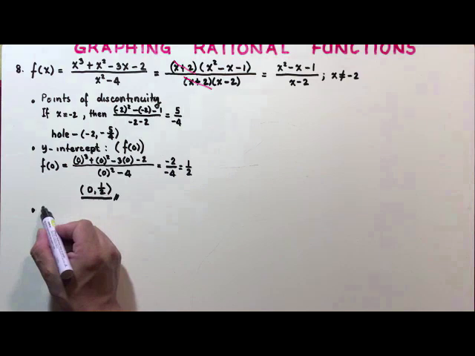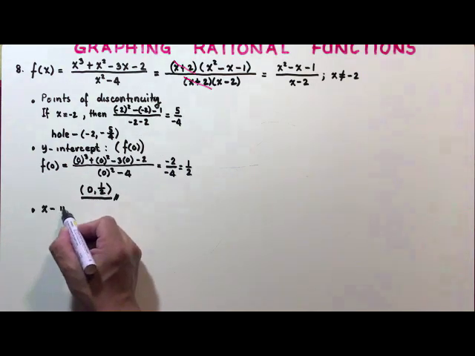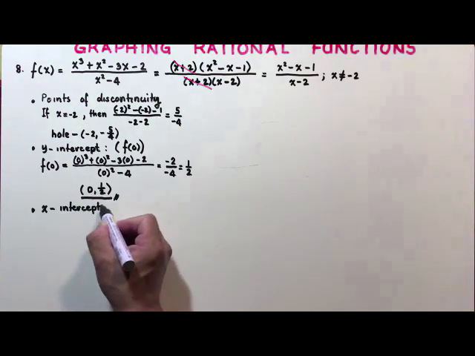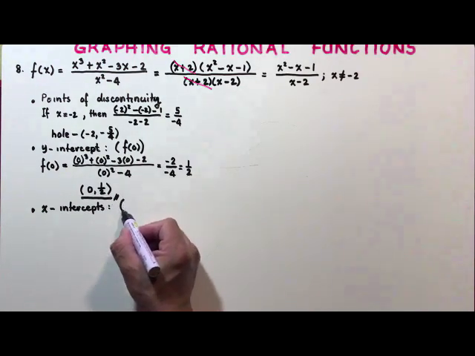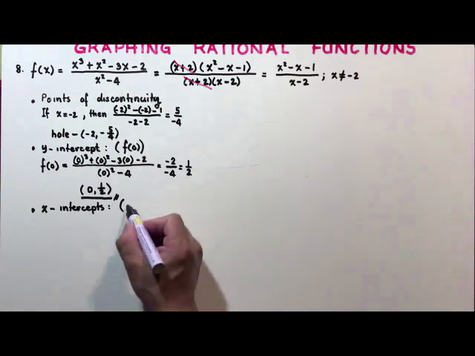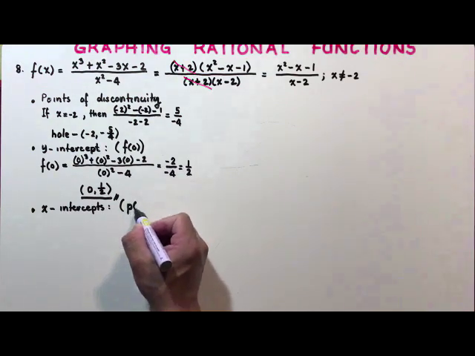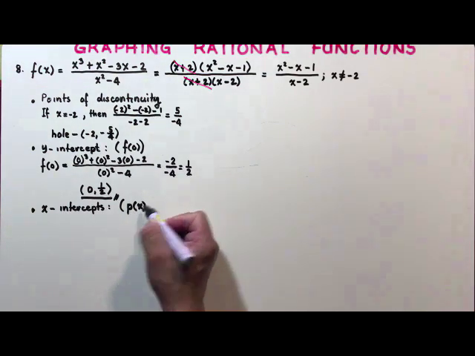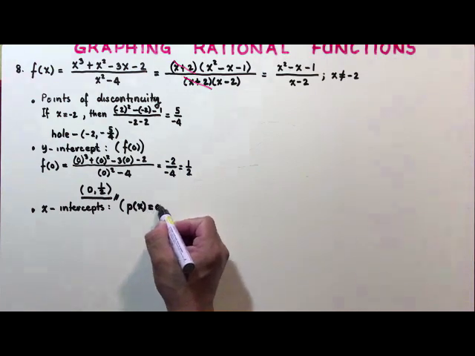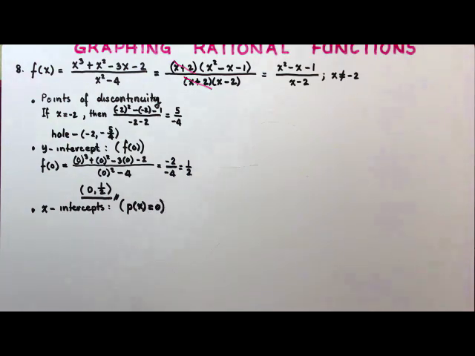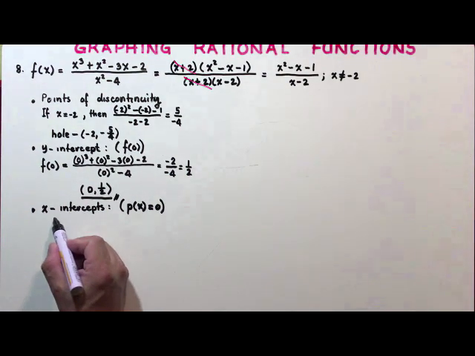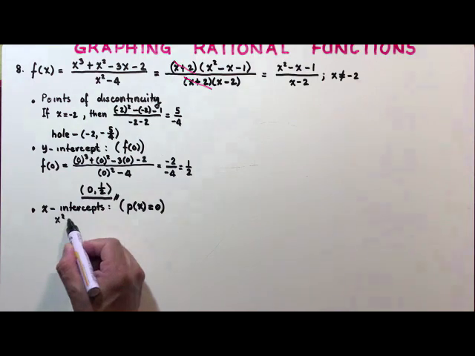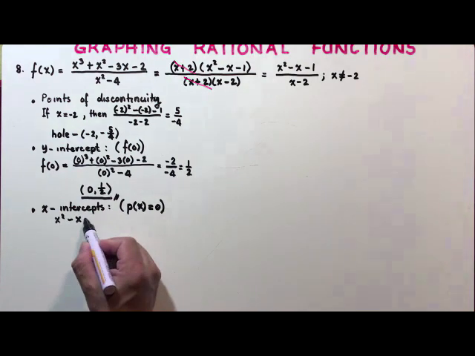So let's move on to our x-intercepts, if there's any here. So how do we get the x-intercepts? We just find the zeros of the polynomial in the numerator. So in other words, we just set our polynomial in the numerator to 0, and we can use the reduced form, which is x squared minus x minus 1.